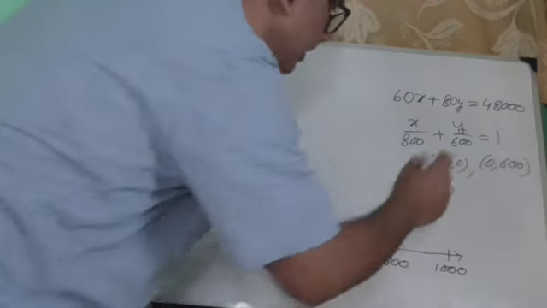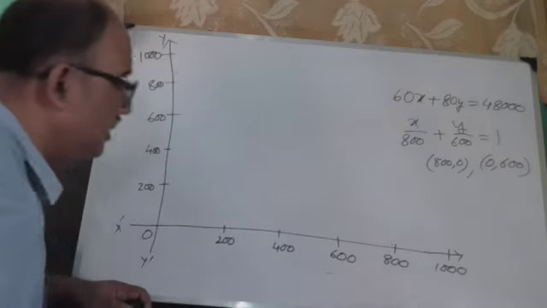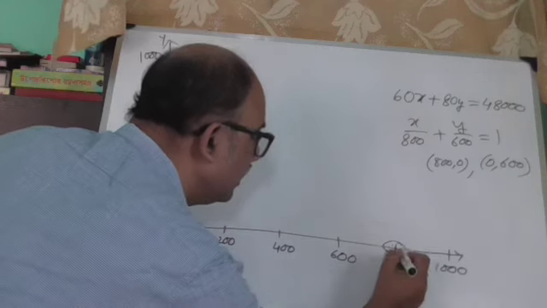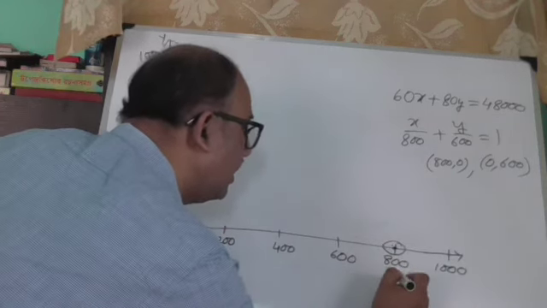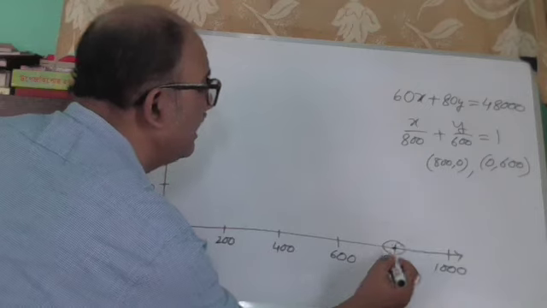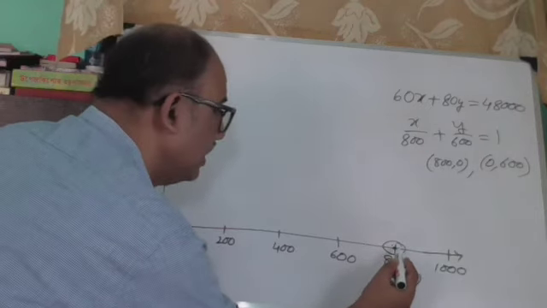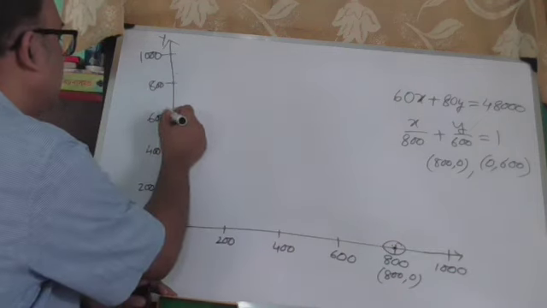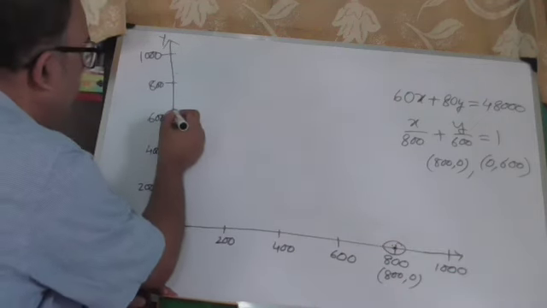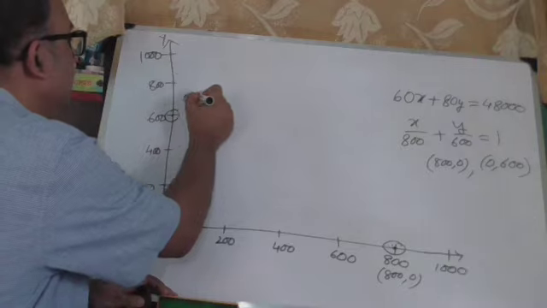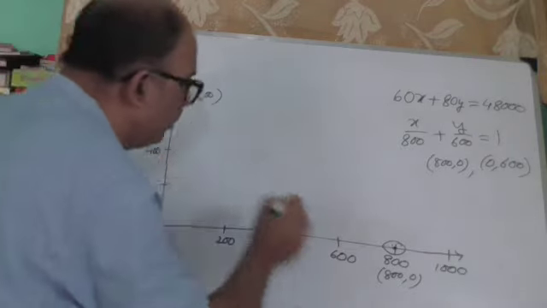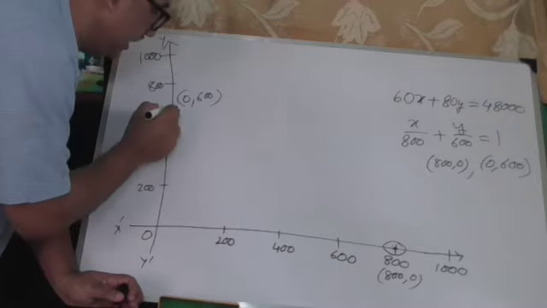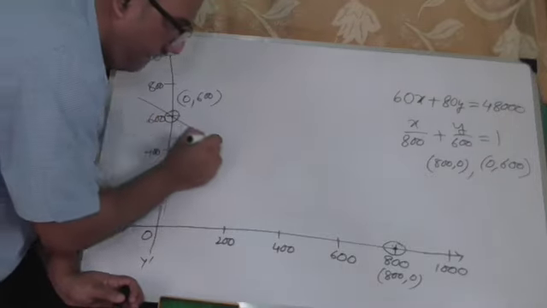So through these two points we can draw the straight line. This point is (800, 0), that means the value on the x-axis is 800 and the value on the y-axis is 0. And this point is (0, 600). We will draw the straight line using these two points. So please use a scale while drawing this straight line.